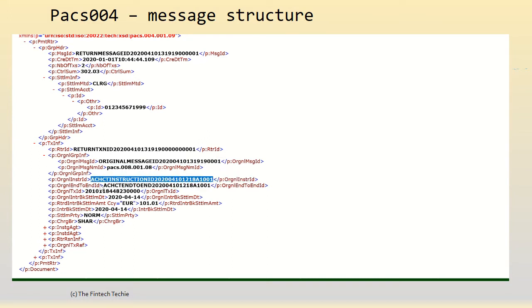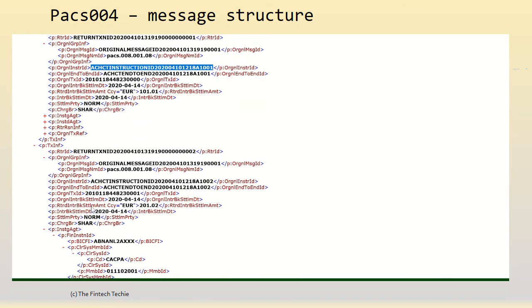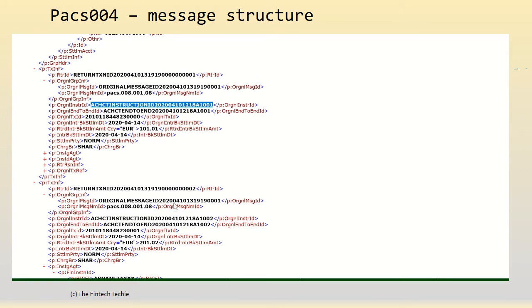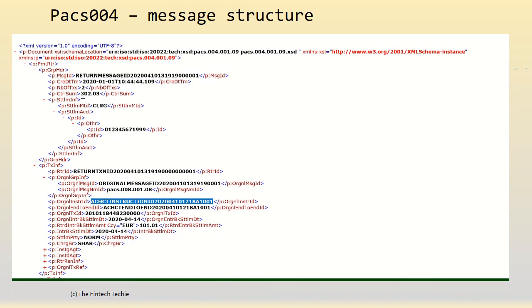This is the original instruction ID of the pacs.008 which we are returning, and the amount is 101.01. Definitely I will have another one down here which is 201.02, and the reference numbers are here. Here also the message ID seems to be the same, but the transaction ID obviously would be different. Both of them together make up the 302.03. So this is the consolidated amount.